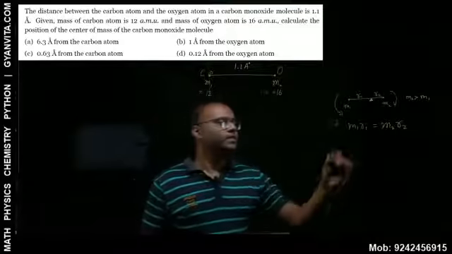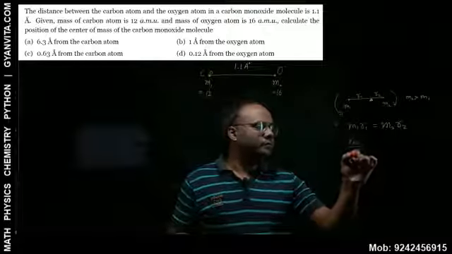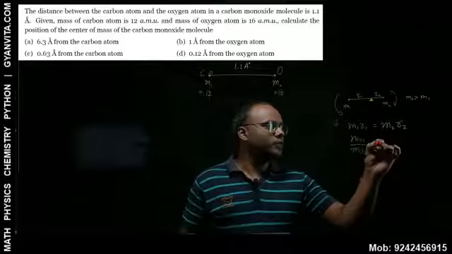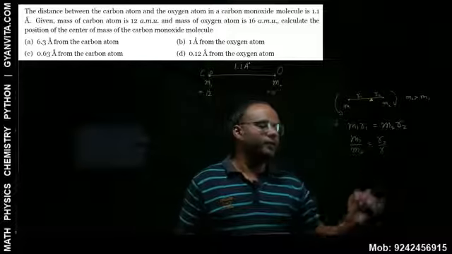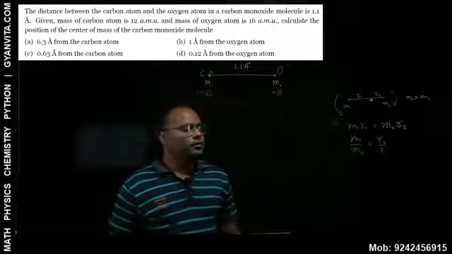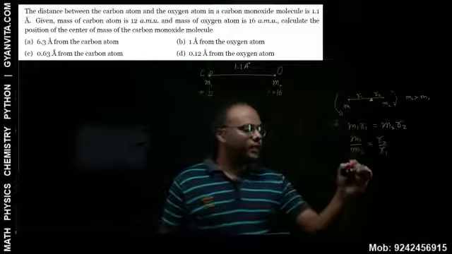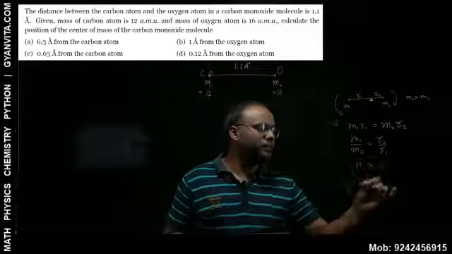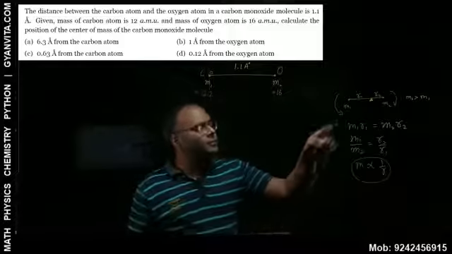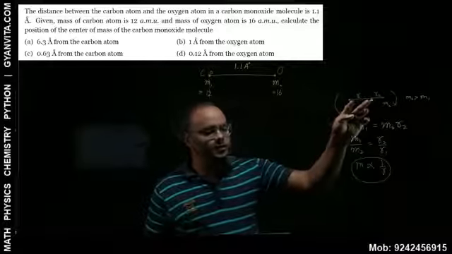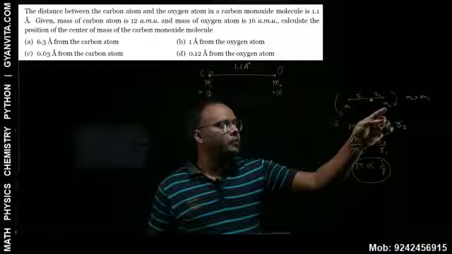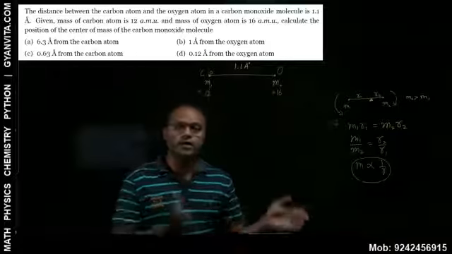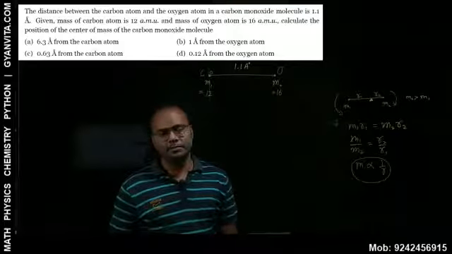That means M1 by M2 is equal to R2 by R1. So mass is inversely proportional to distance. That is, if the mass is less, the distance should be more. If the mass is more, the distance should be less. Distance of the mass from the center of mass, right?